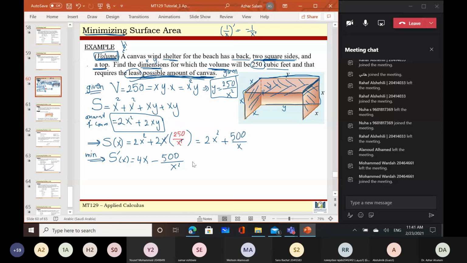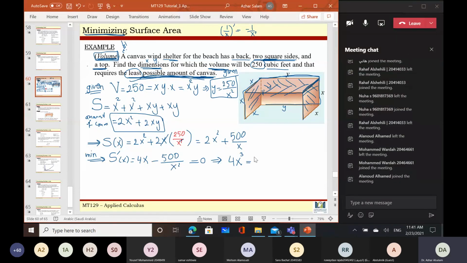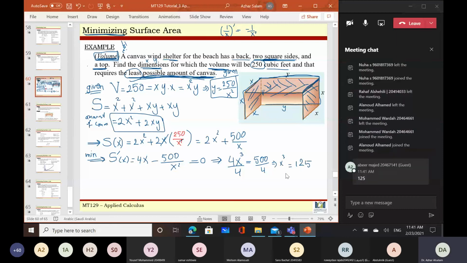Then make it equal to 0 to find the critical points. So I will have 4x to the power 3 equals 500. Dividing by 4, I will have x to the power 3 equals 500 divided by 4, which is 125.